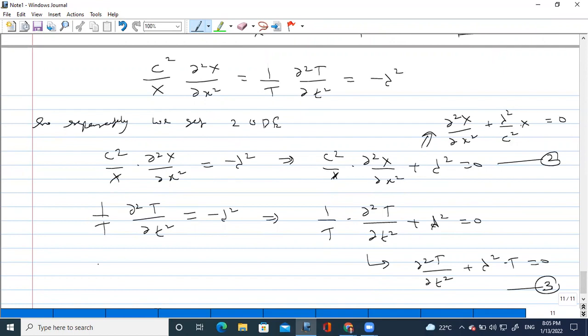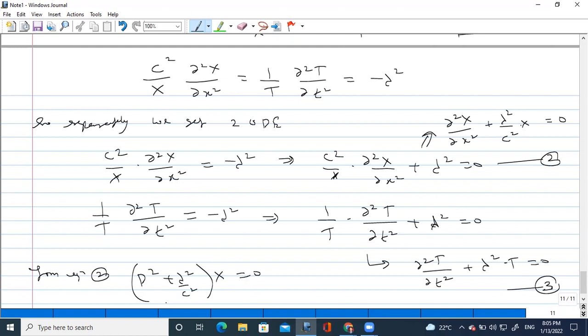Now from equation 2 we can solve that. That equation is D square plus lambda square by c square into x equal to 0.